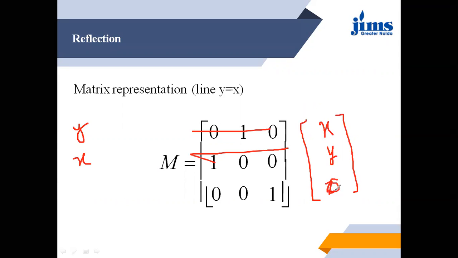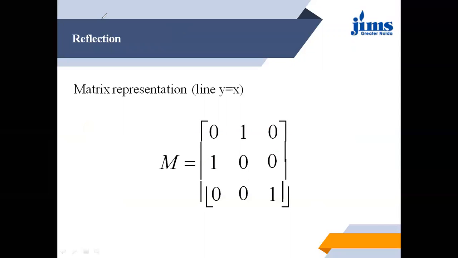And last one is 0. So from here, we conclude that the value of X is going to be changed in Y, and the value of Y is going to be changed in X. Means these two values are going to be changed.